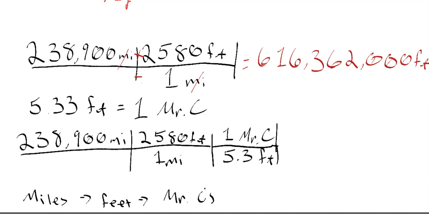If you were to plug this in, you could legitimately, because that's what I'm going to do, type in 238,900 miles, because it is on top. We're going to multiply that by 2,580 feet. Hit enter.